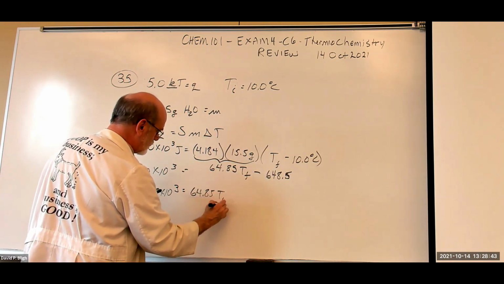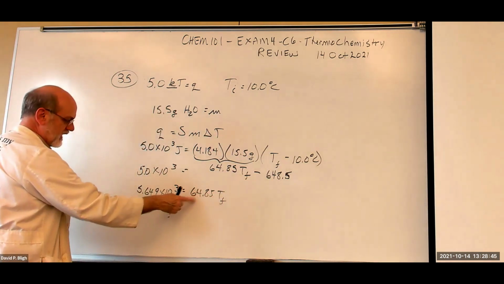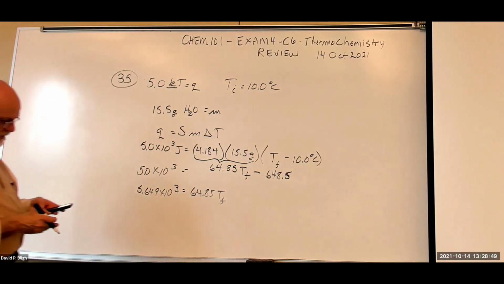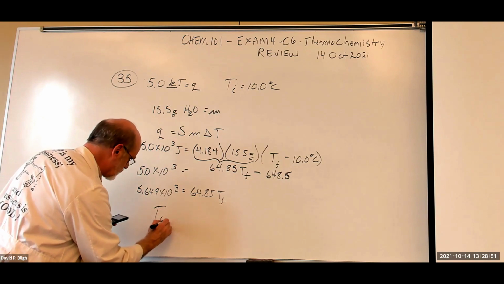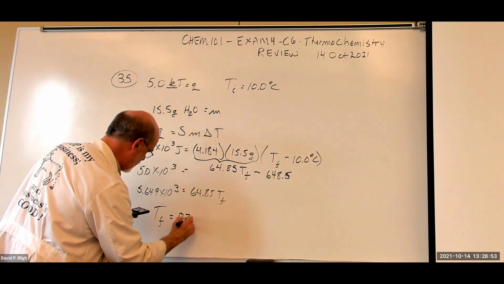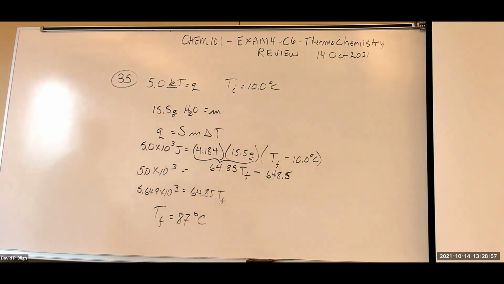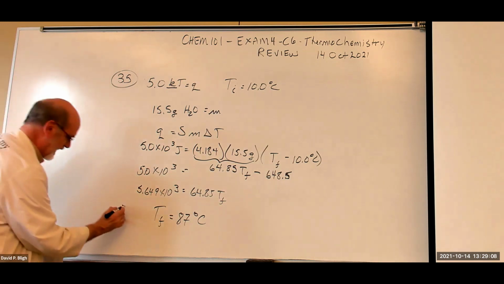Final temperature, and then I should divide both sides by this value. And final temperature is equal to 87 degrees Celsius. So what form is the water? It's still liquid, right? It's a hot liquid, but it's still liquid. That means the answer is E.